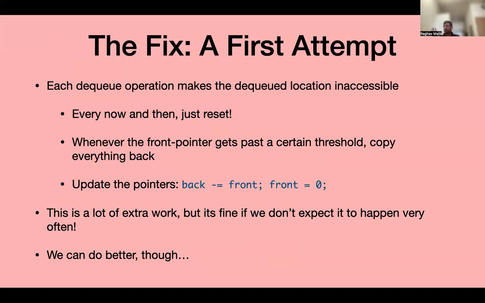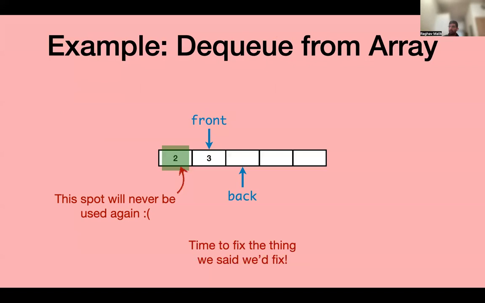Whenever the front pointer gets past a certain threshold, copy everything back, and move everything back by front. So for example, here, if we decided that now is a good time to copy everything back, we would move the 3 back to overwrite the 2. We would move front back 1. We would move back 1, and we would basically reset it. And that way, the next thing that we enqueue.